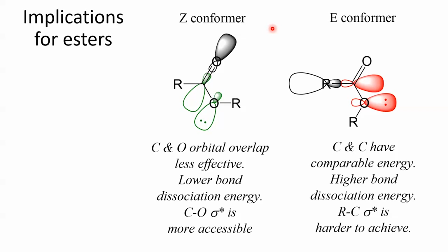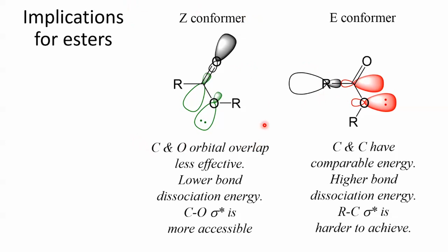And that's true. So really it comes down to which antibonding orbital is more inclined to form. So looking at the Z conformer, this antibonding orbital arises between the carbon and an oxygen. These are different atom types. They're going to be different in energy, meaning that that bond is going to be weaker than the related E conformer, where we're comparing 2 carbons of similar energy.